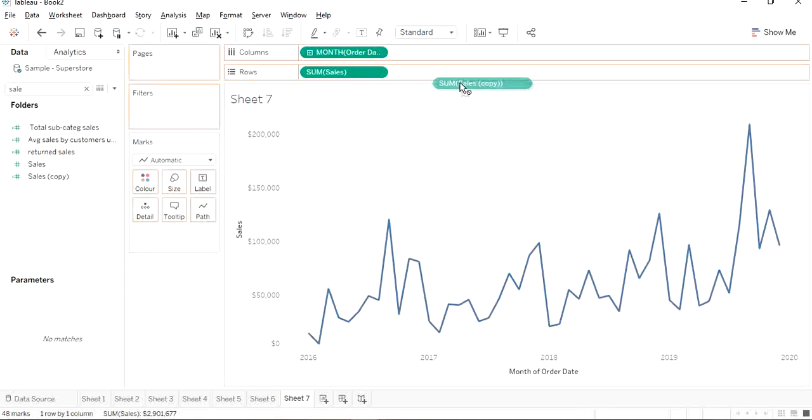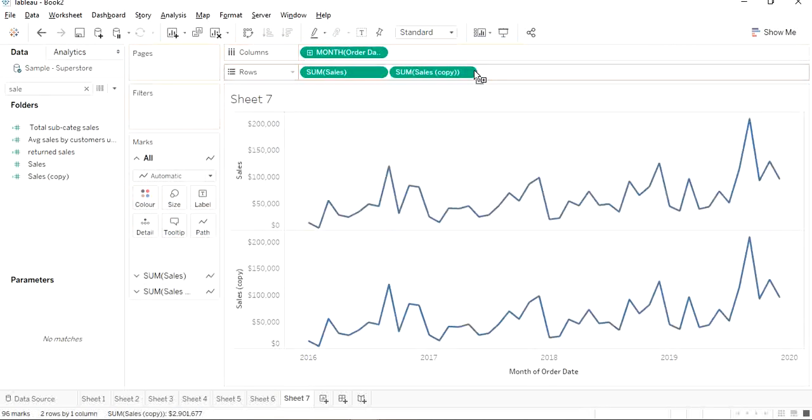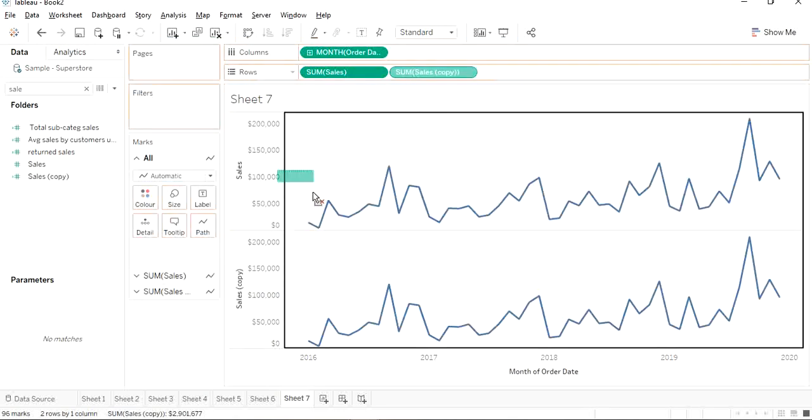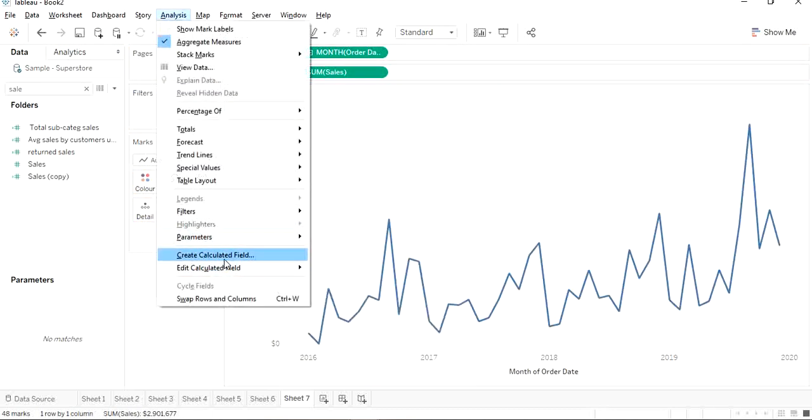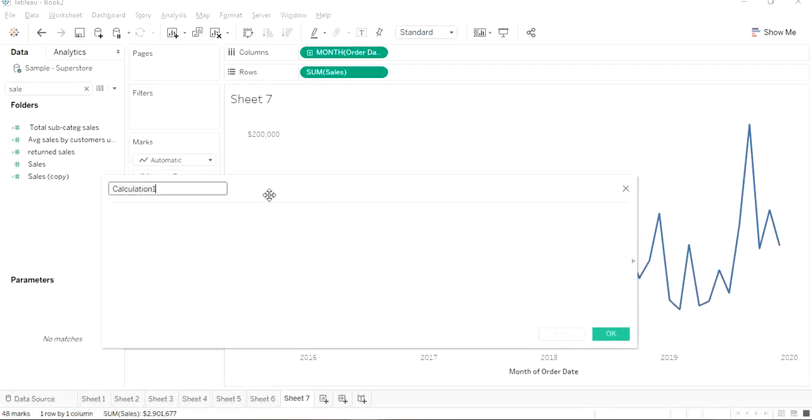I'll take a copy of this, and what I'm going to do is write a Windows function. Maybe I'll write a Windows calculated function. Here I'm going to write moving average sales.